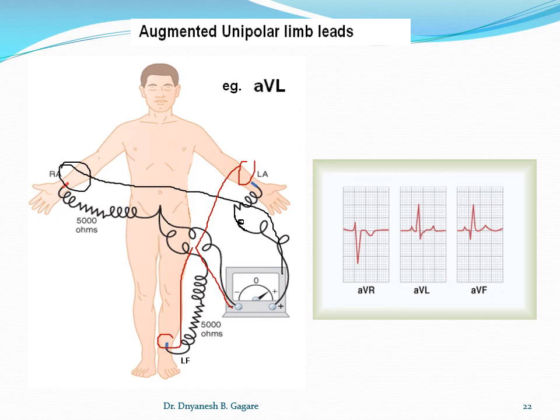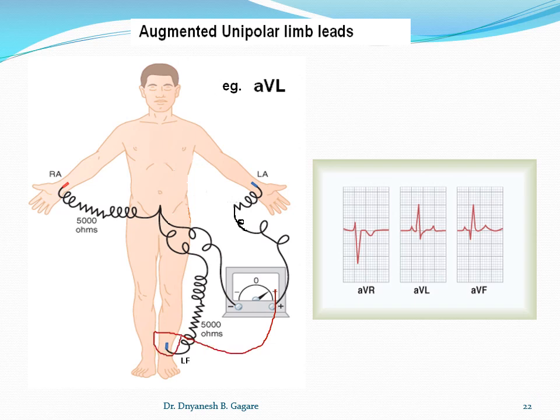Okay. Now in the third combination, when you have to record the ECG under AVF, simply connect the positive terminal to the left foot and connect the remaining two points to the negative terminal of the ECG machine, and in this way we get this recording.